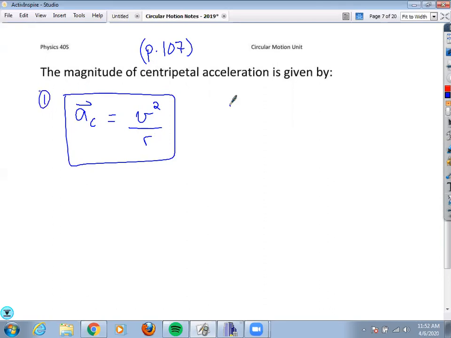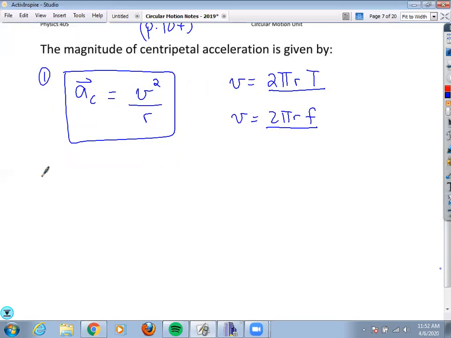So of course, we can define velocity as two other things. Velocity is 2 pi r divided by the period, or velocity is 2 pi r times the frequency. So if we don't know what this velocity is, then we can substitute either 2 pi r over T or 2 pi r f into the velocity. I'm not going to derive this to save time, but you get three definitions for centripetal acceleration.